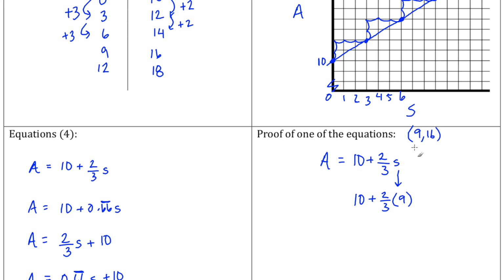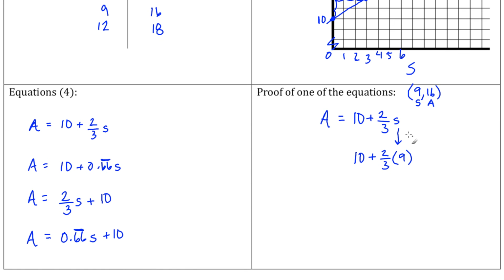And I want to make sure that you do this too, writing seconds and altitude. That way I can see if you made a mistake, or see why you made the mistake. So number of seconds is 9. The altitude should be 16.